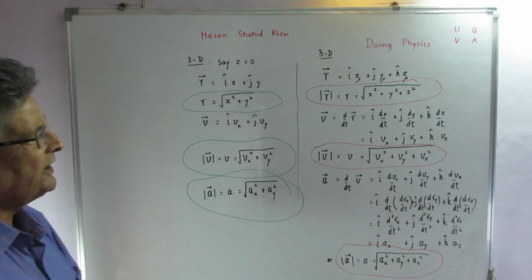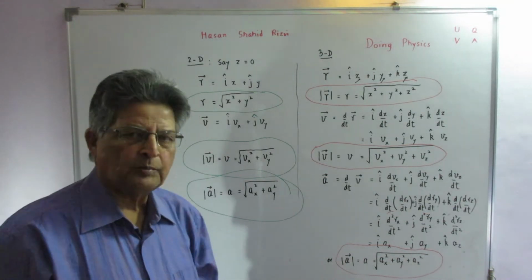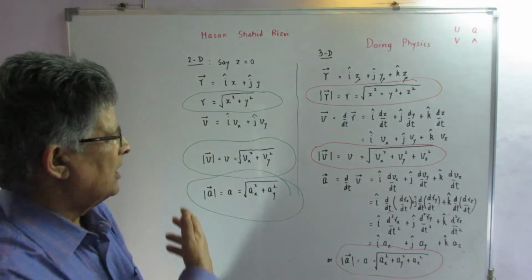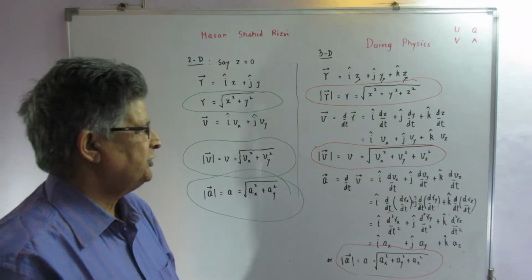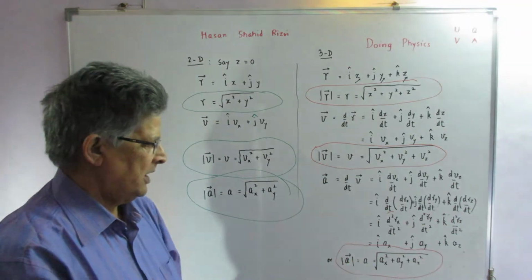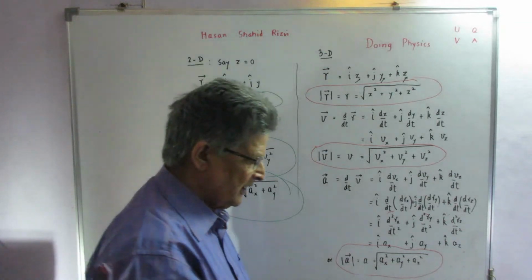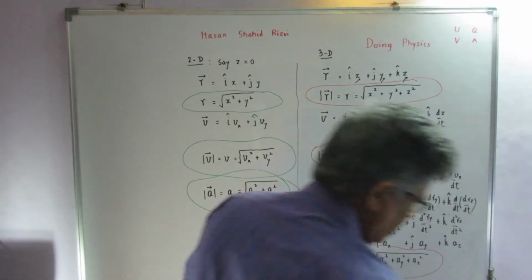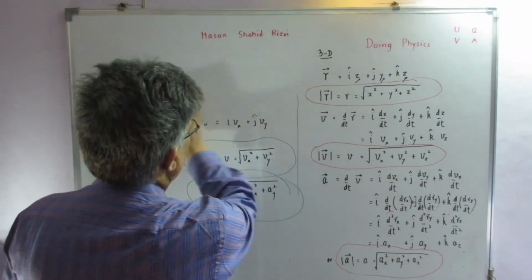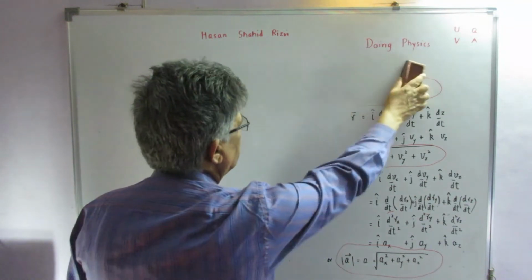And now I take an example of a two-dimensional motion, which we call a projectile, and try to put in the things which we have learnt. I told you about some nuances of the cosine and sine functions that we'll use in projectile motion.